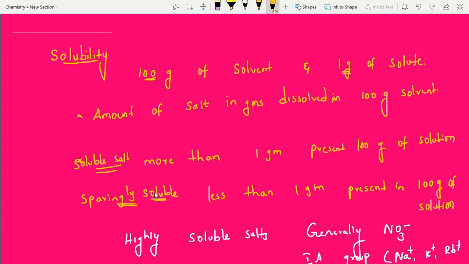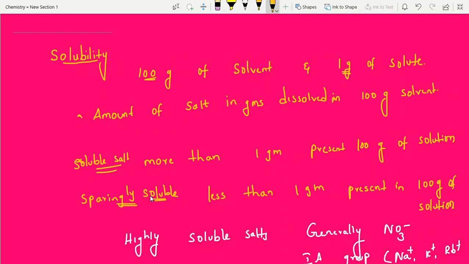Sparingly soluble is definitely less than 1 gram present in 100 grams of solution. Insoluble also there, but we are not speaking much about that. Here, for solubility product, we are mainly concentrating on sparingly soluble salts, also called partially soluble salts.